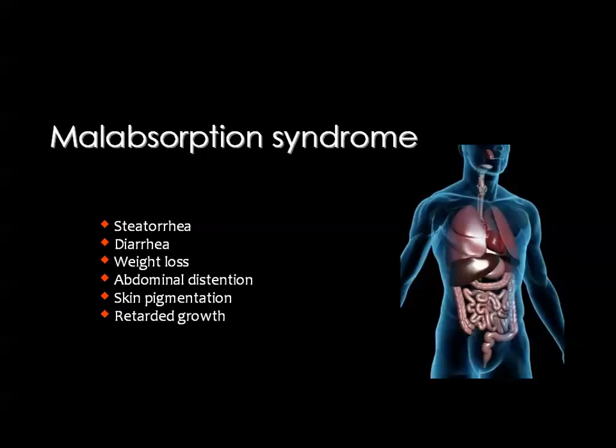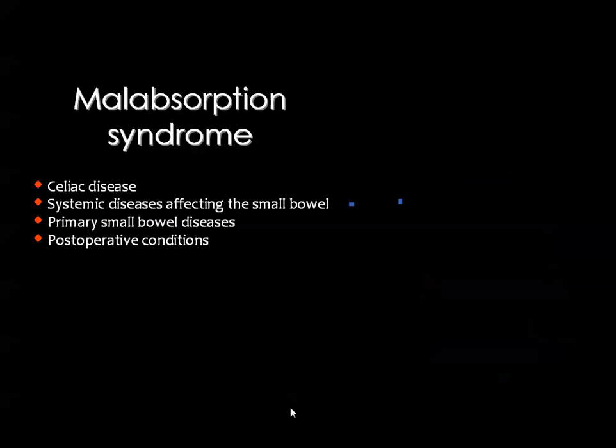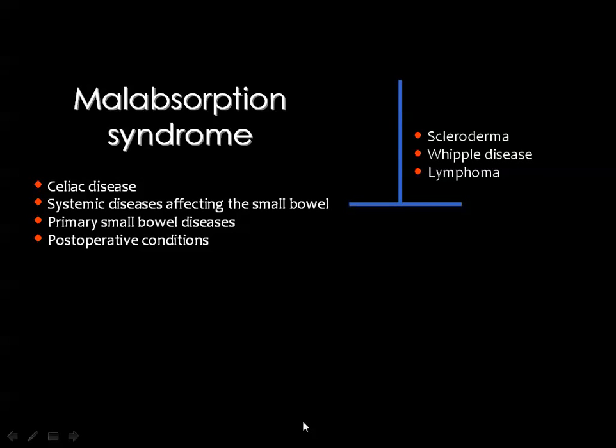The syndrome presents mainly with diarrhea and steatorrhea with weight loss, abdominal distension, sometimes skin pigmentations, and retarded growth.